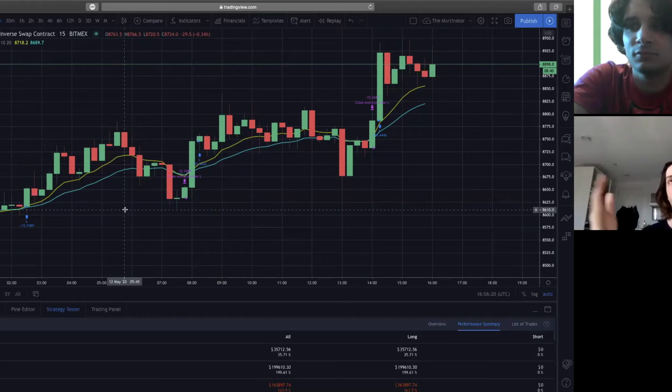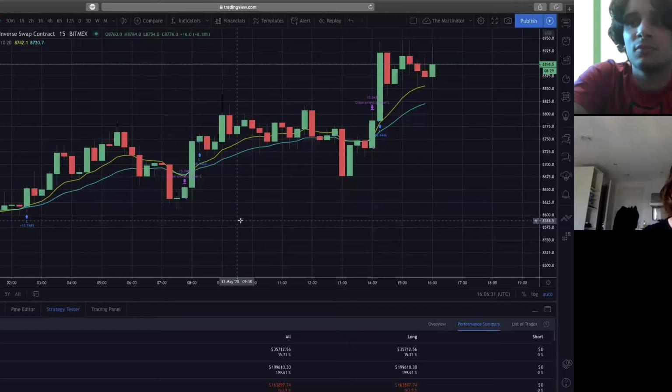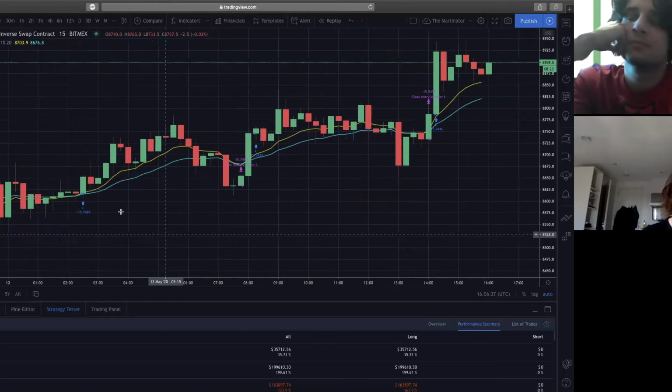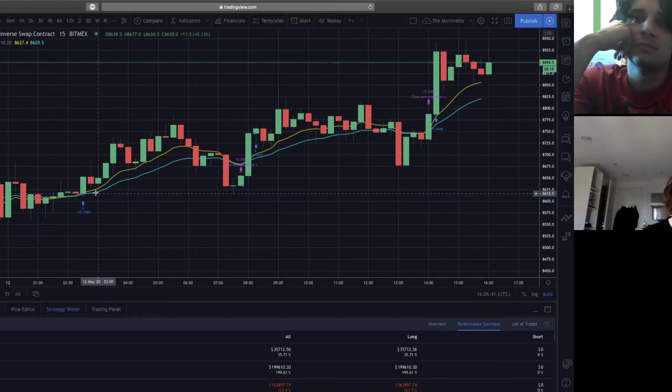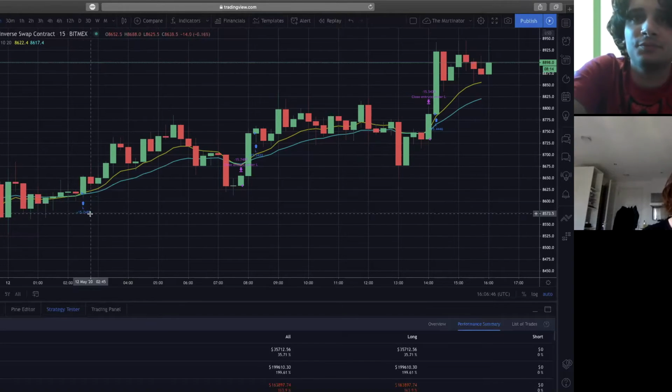So if the market is going up, so if there is a trend, probably the short line should have a higher slope than the longer line. And if this happens, then a cross happens and you can go long. For example, here you can see that the yellow line, the short one, crosses the green line, which says, okay, let's buy here.